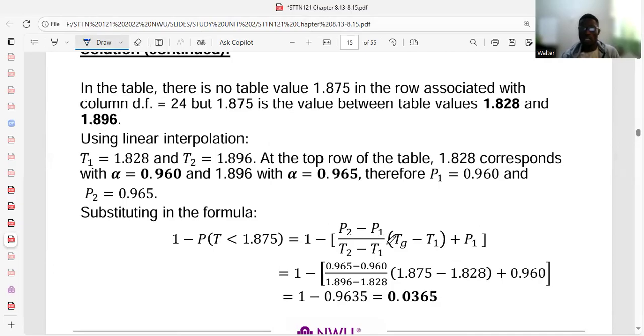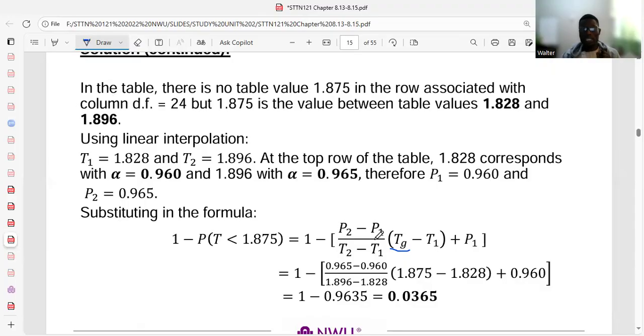What about TG? TG, guys, is the same. They say that the TG is 1.875. You know the reason why they say it's 1.875. Let's go and check. Okay, T1 is 1.828, T2 is 1.896. We know how they got P1, P2, T1, T2.